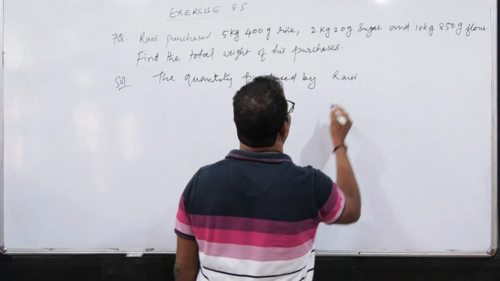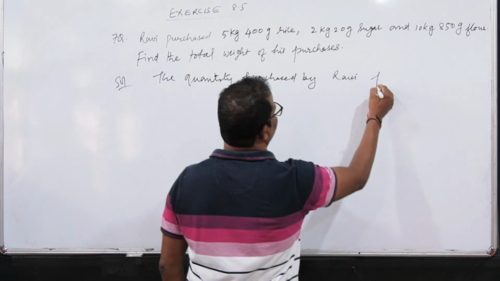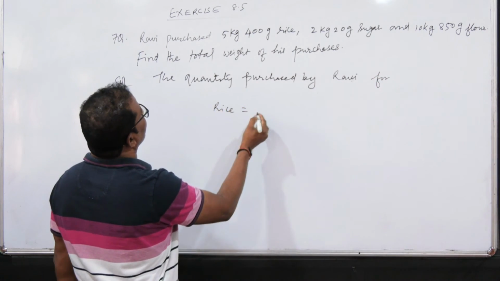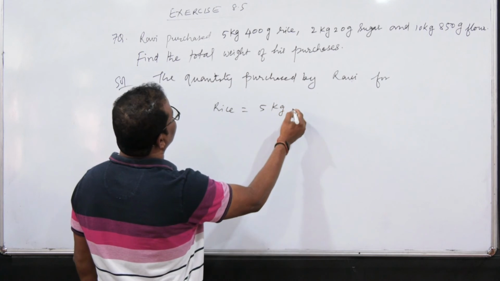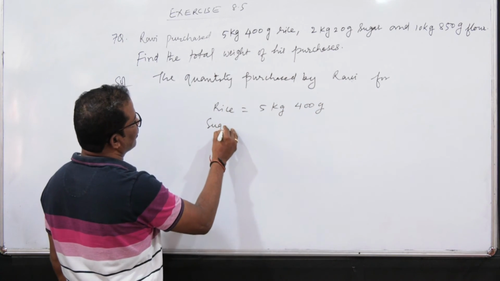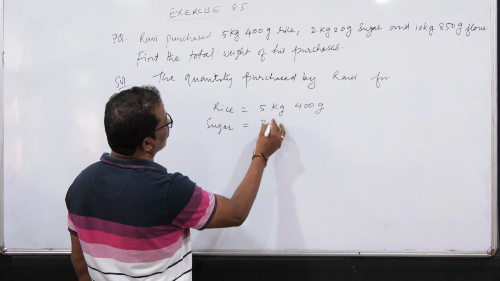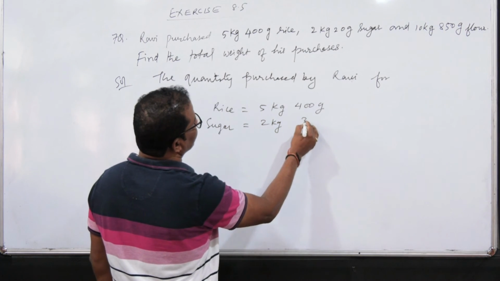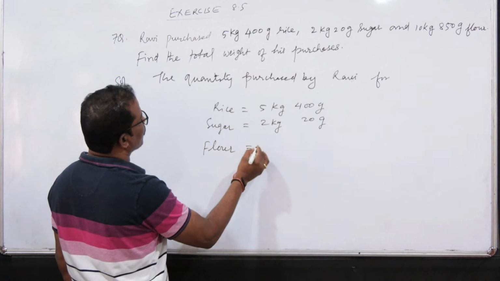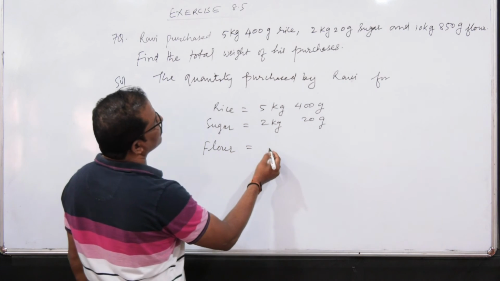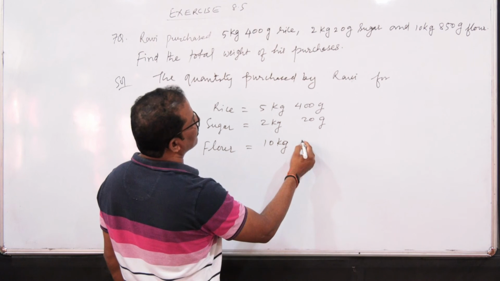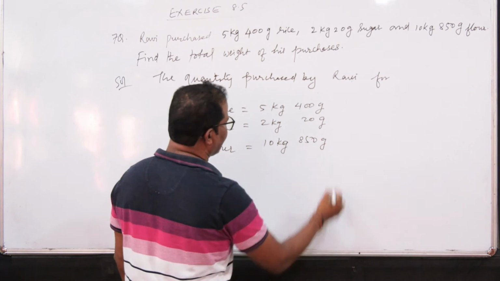For rice is equal to how much? 5 kg 400 gram, and sugar how much? 2 kg 20 gram, and flour how much? 10 kg 850 gram.